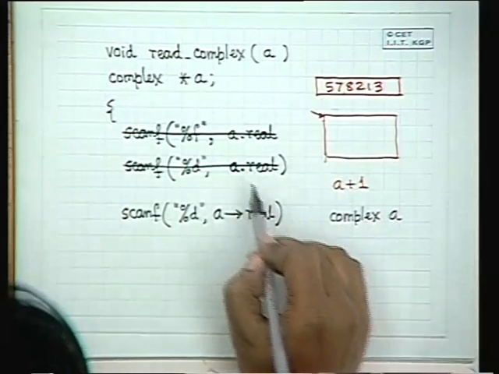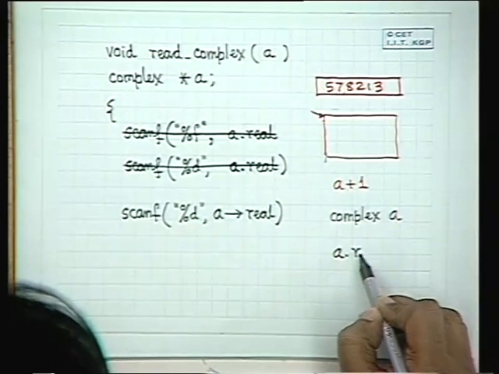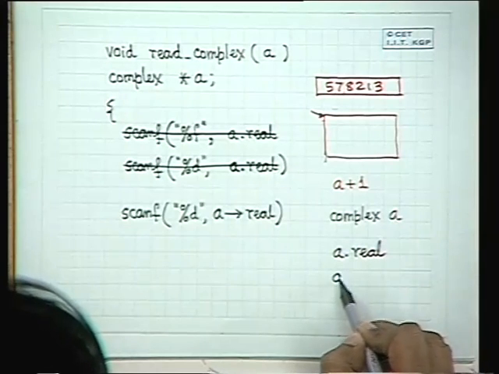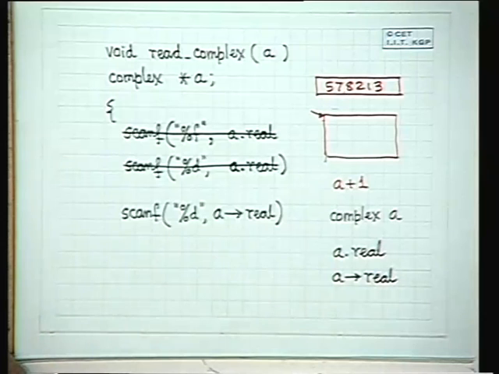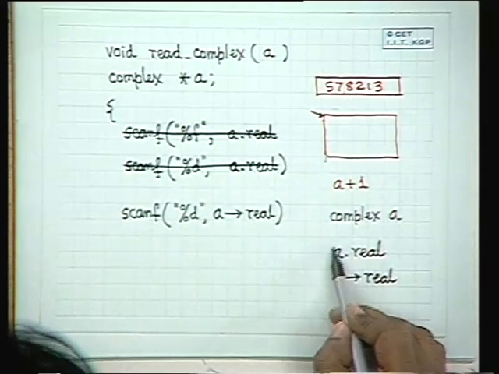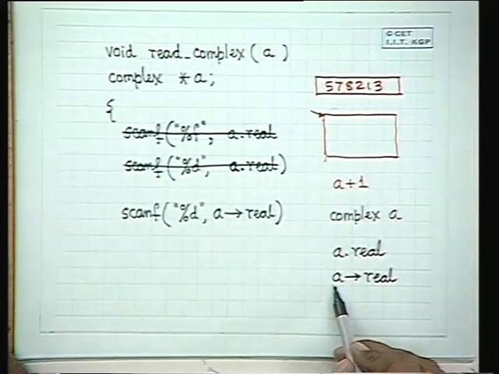So there is a difference between A dot real and this: one is used when you have already got the address, and the other is used when you have got a pointer to the address.